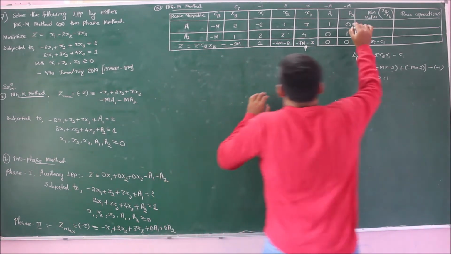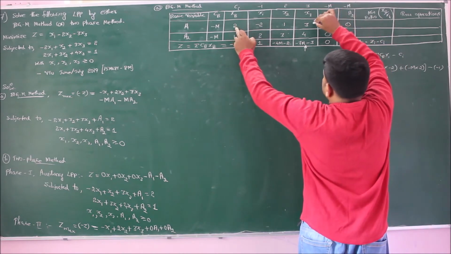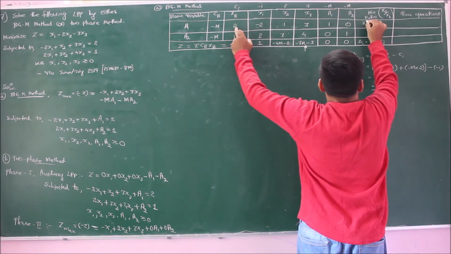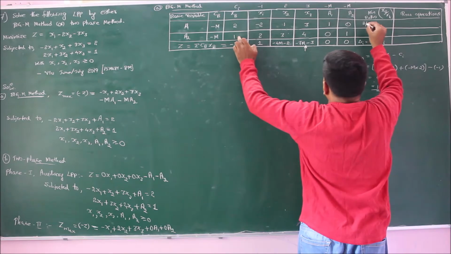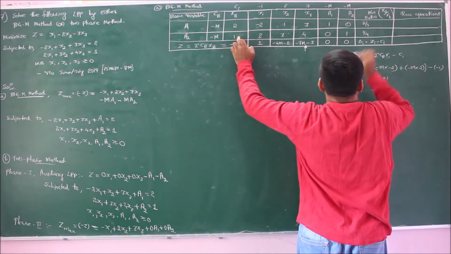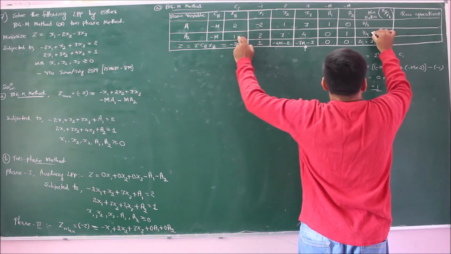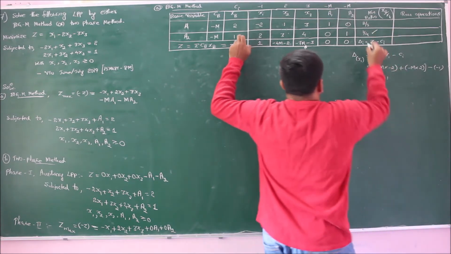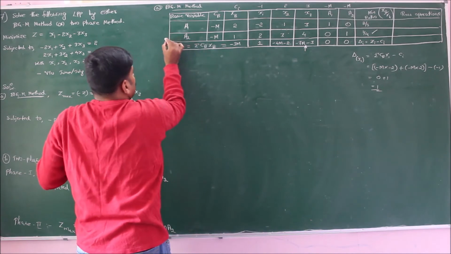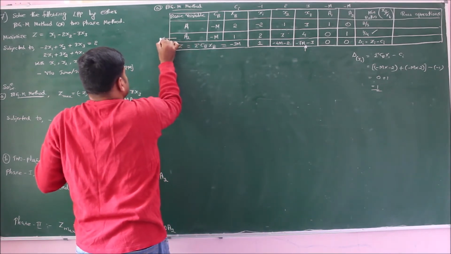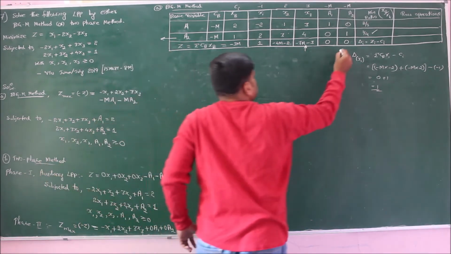Now take the minimum ratio of xp by xk, that is xp by x3. We have 2 by 3 and we have 1 by 4. Among these two, the minimum ratio is 1 by 4, which is 0.25. So therefore the outgoing vector is a2. You can represent that here also.